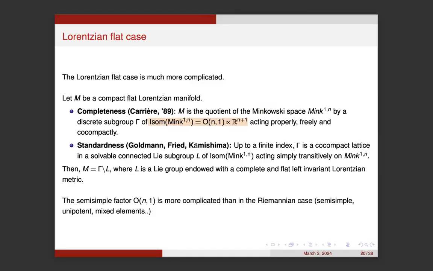And Goldman, Fried, and Kamishima prove the standardness of all these quotients. In fact, they prove that up to finite index, gamma is a co-compact lattice in a connected Lie subgroup of the isometry group, which acts simply transitively, so more than co-compactly. And they prove that this synthetic whole L is in fact solvable.